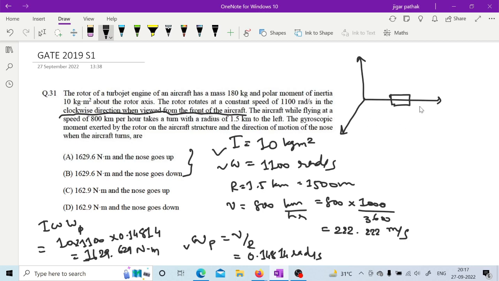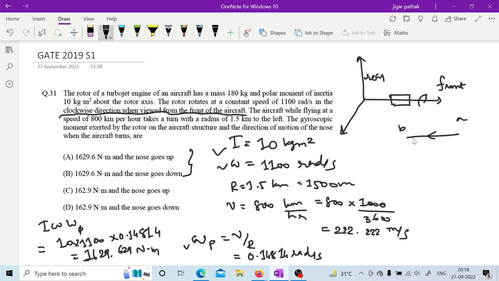If you consider this as front and this as rear, when you view from the front it is clockwise, so it will go away from the viewer.